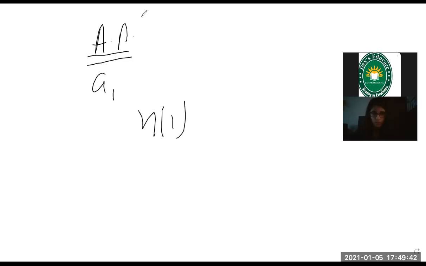So what is AP actually? AP is arithmetic progression, how it goes. Suppose A is the first term. Different symbols are used in US based books; they use N1 for the first term.